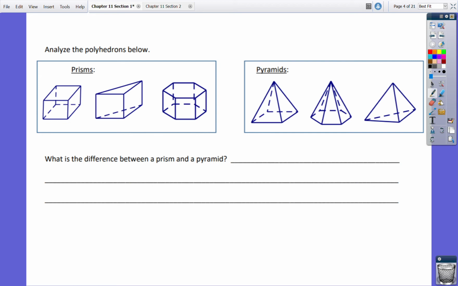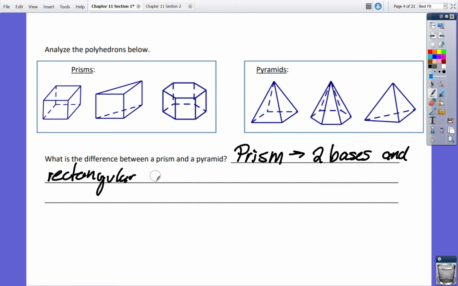So a pyramid, or sorry, not a pyramid, a prism has two bases and has rectangular lateral faces.